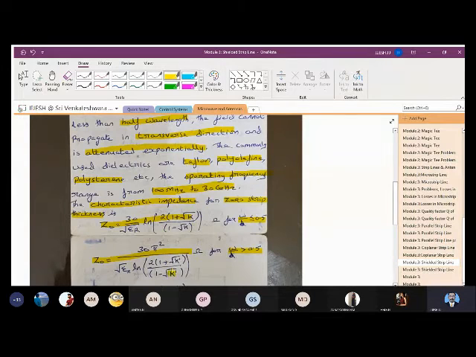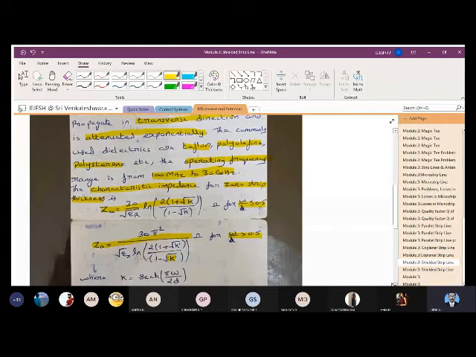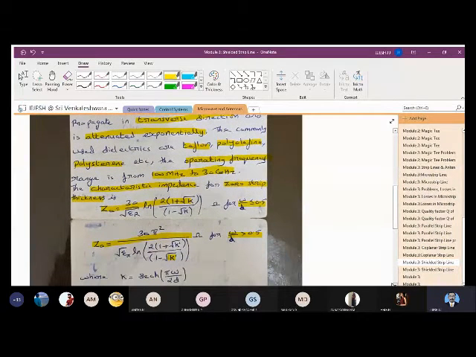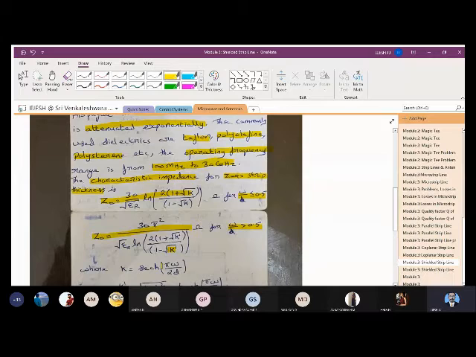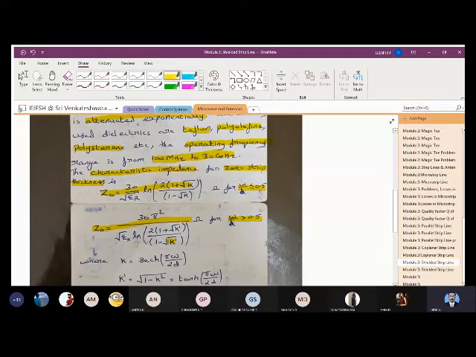Where k is given by this equation, sech pi W by 2D, and for k dash you have another equation. So k is sech pi W by 2D, and k dash will be root of 1 minus k square, or when you substitute and simplify it further, you will get tanh pi W by 2D.